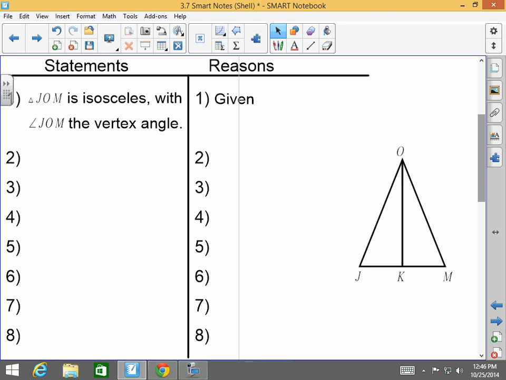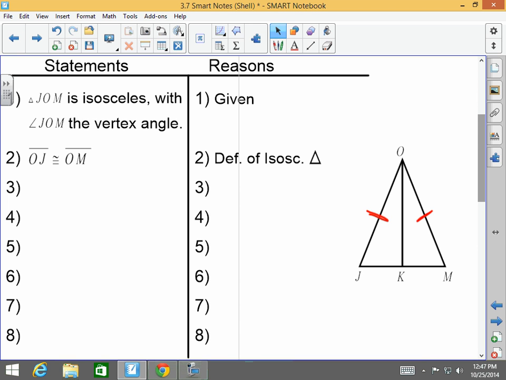Number 2, since we know that triangle JOM is isosceles with angle JOM as the vertex angle, then that has to mean that OJ must be congruent to OM. Why? Definition of an isosceles triangle. We know that isosceles triangles have base angles and legs that are congruent.